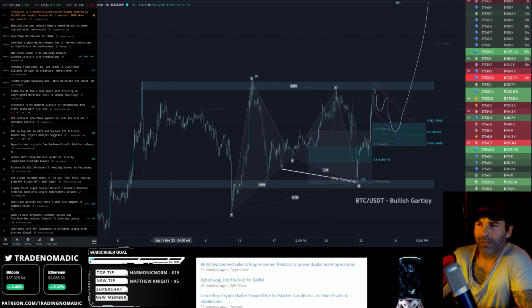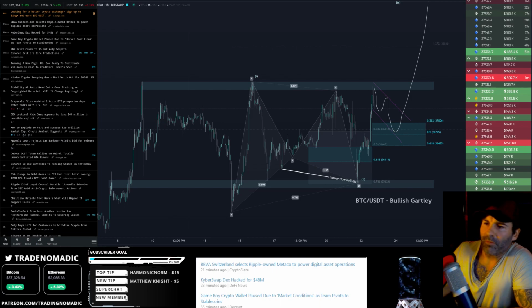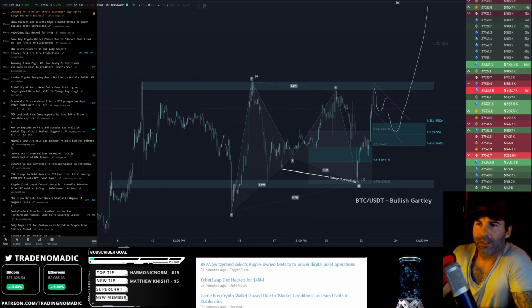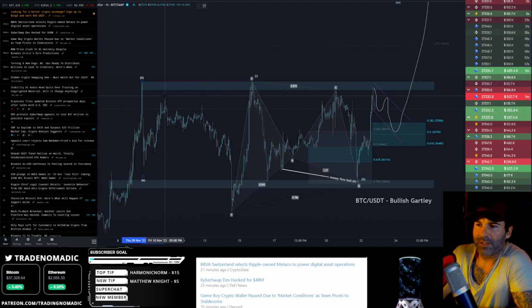Right? So we've got this new range that formed after this previous rounding bottom, reaccumulation, redistribution, or distribution. And from our peak, we did get an ABC. This is something we traded in the Discord.